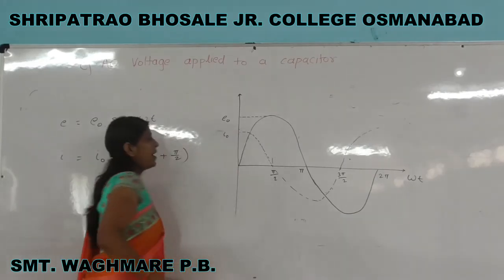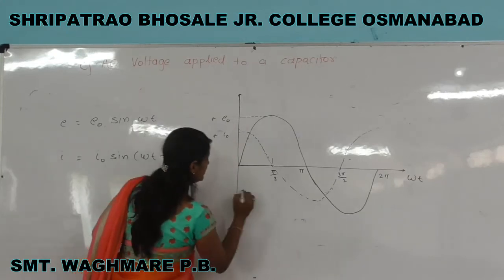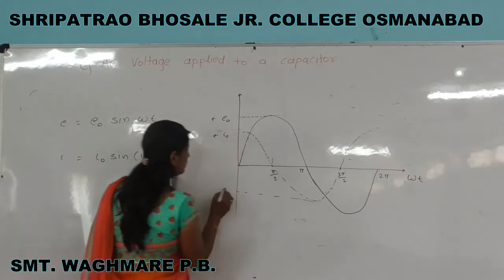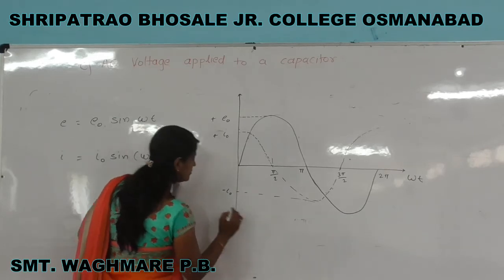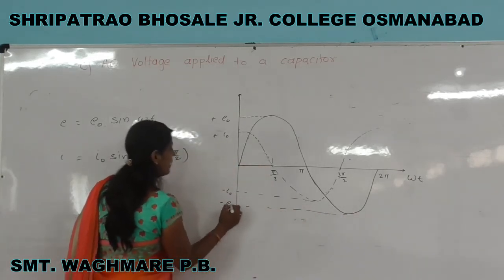This is the I naught. Plus, this is also plus. Here this will be the value that is minus I maximum and this will be the value of minus E maximum.